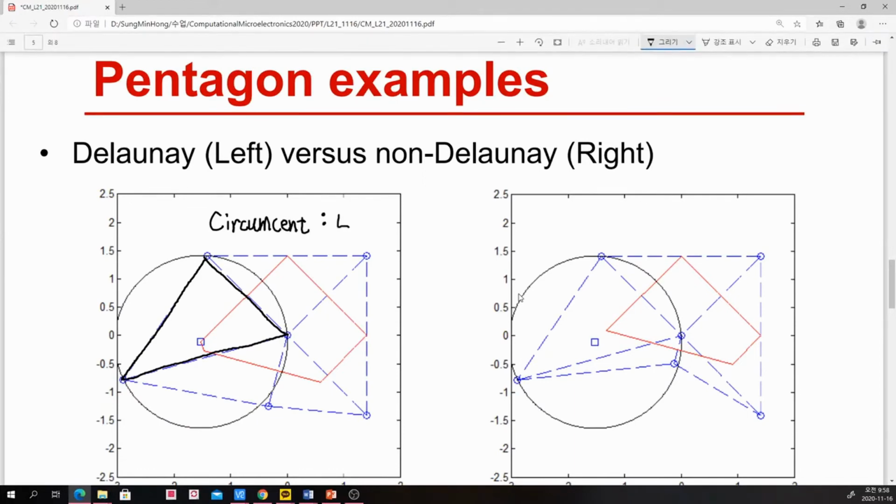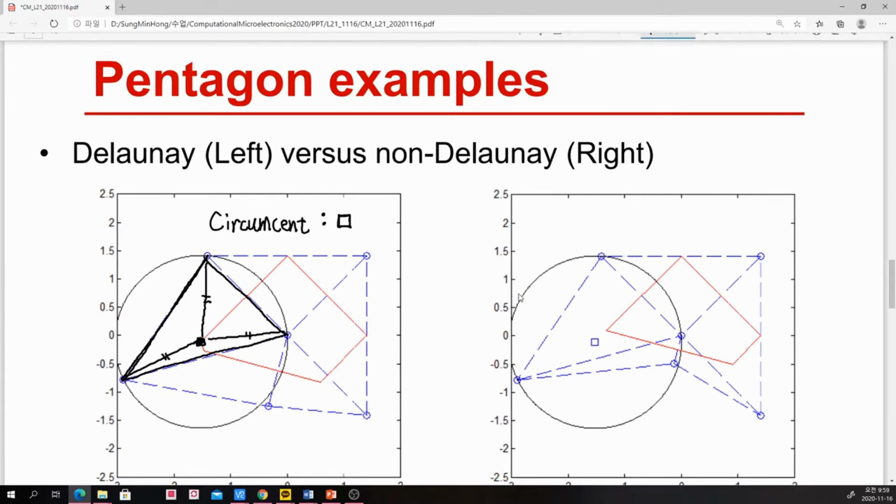The circumcenter is written here as a square. Yes, this is the circumcenter of this triangle.